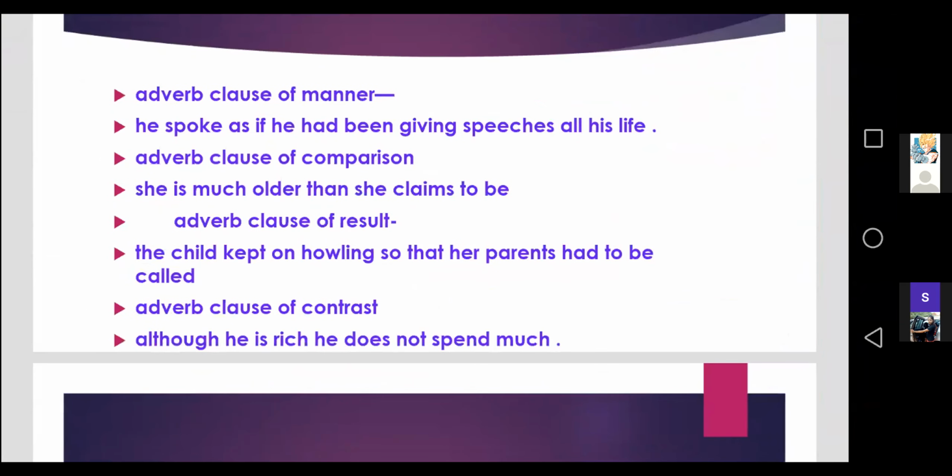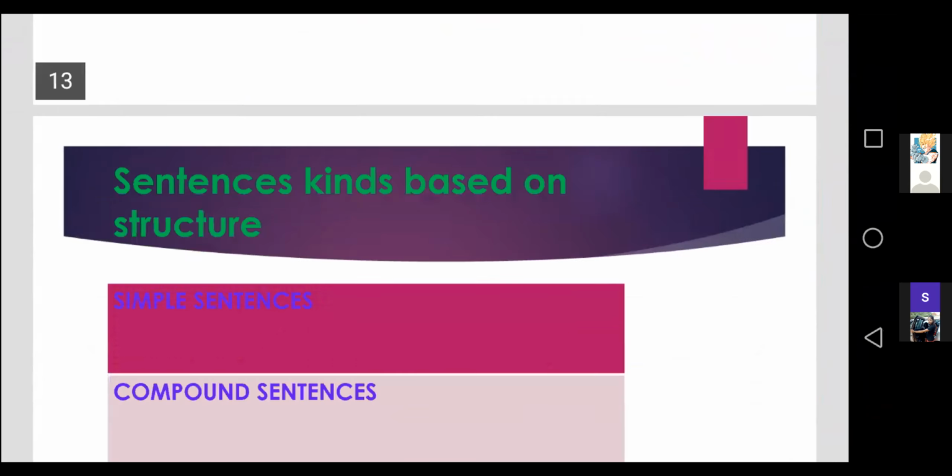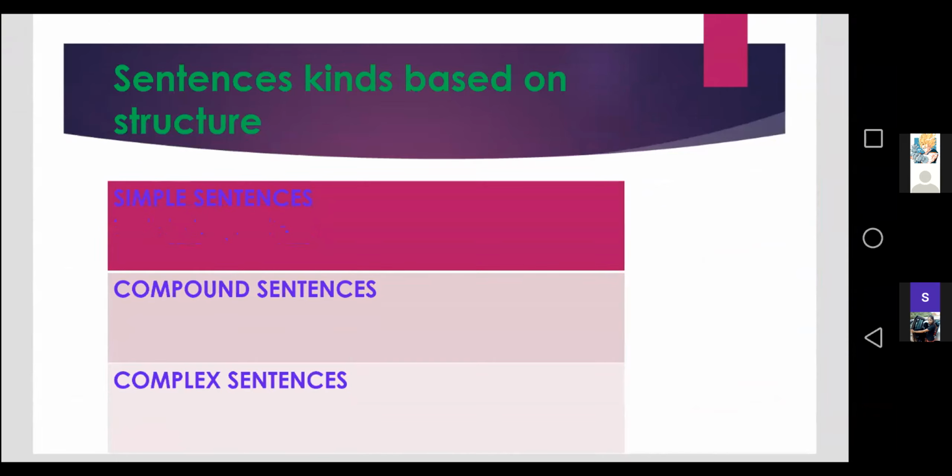Yes, all the adverb clauses have been completed. And did I start with simple, compound, complex, or do we have to start today? I think we have to start. Am I right, students? Yes, ma'am.